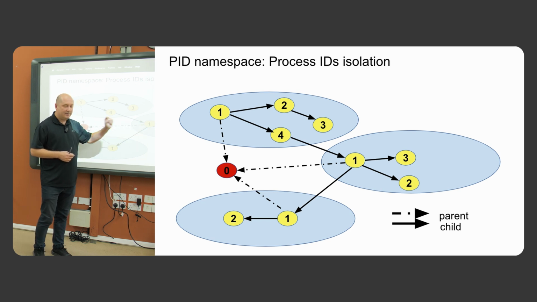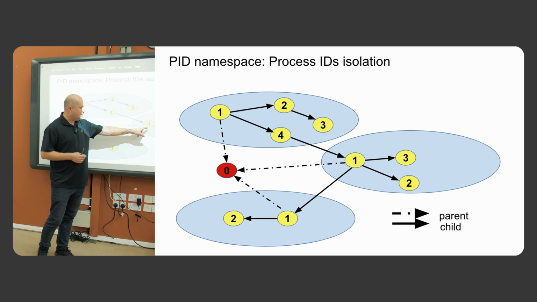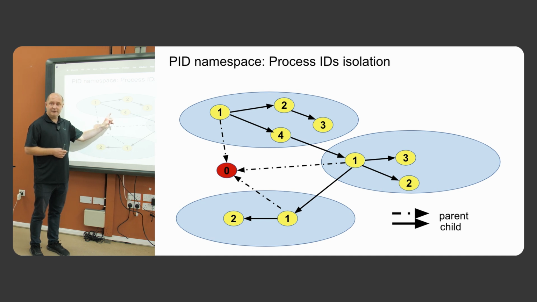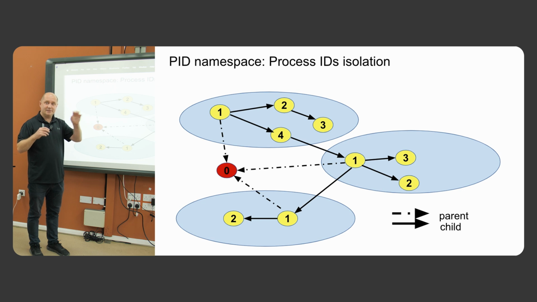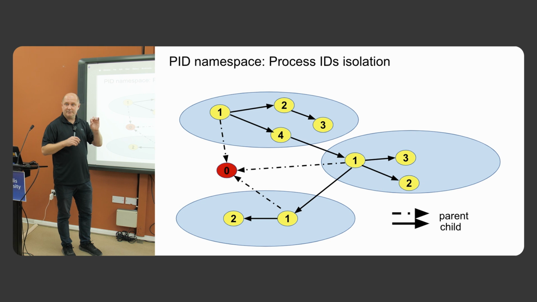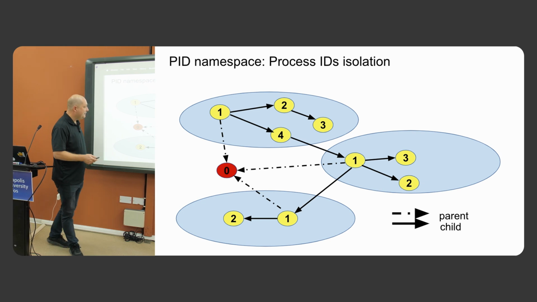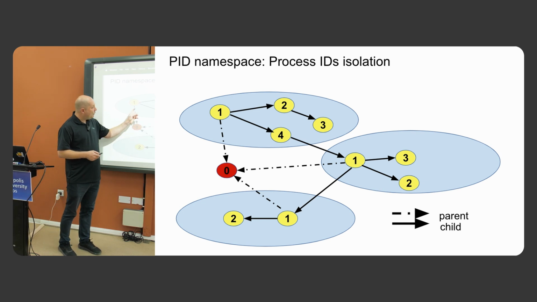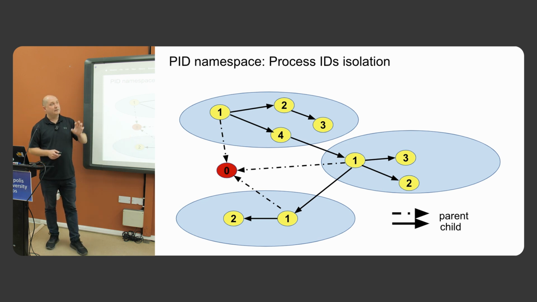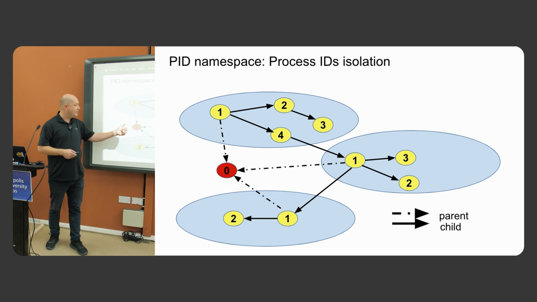But in this PID namespace, it has number 1, but it's still here. And we have the same access to this process, but via different numbers, via different IDs. But all of them have a meta parent, which is 0.